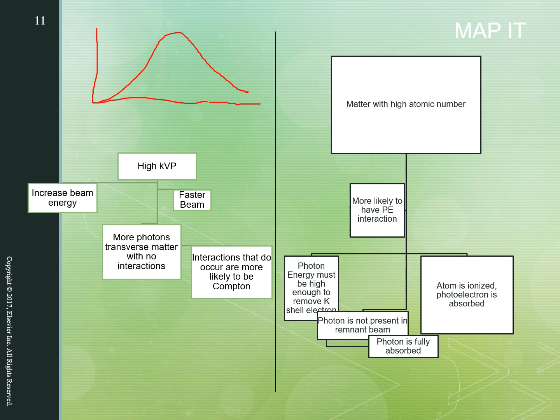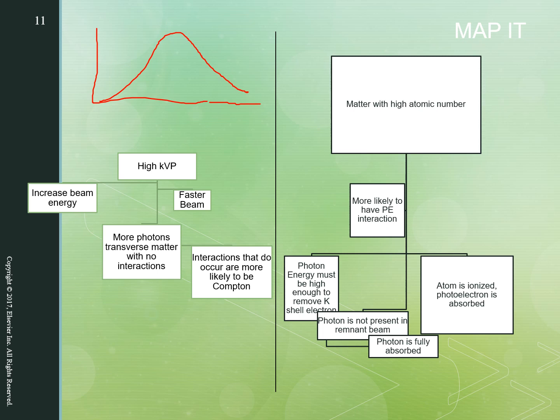That will mean I have more energy in my incoming photons. Now, if I get such a high energy beam, then my wavelength will be so small that it'll be even less likely to interact with those inner shell electrons, and therefore I'll have increased penetrability.